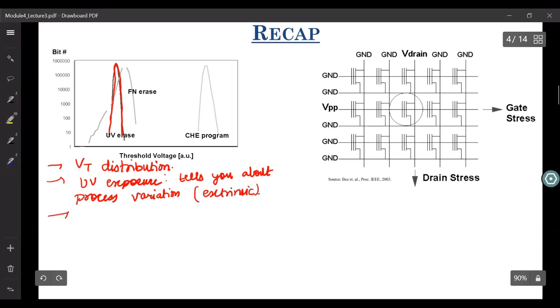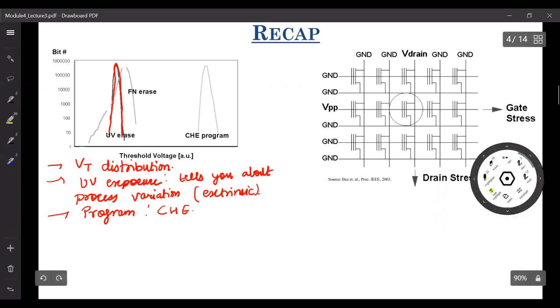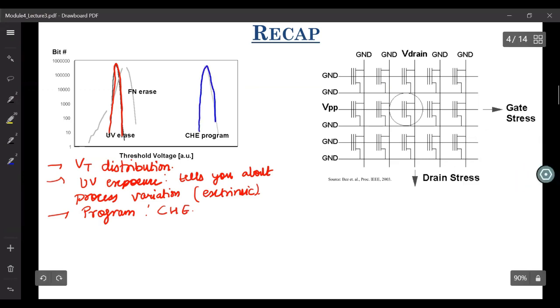Then we programmed each cell using the same pulse amplitude and time using the CHE mechanism, let's say. And then we again read their threshold voltages. Once we did that, we got a Gaussian distribution which was somewhat wider.